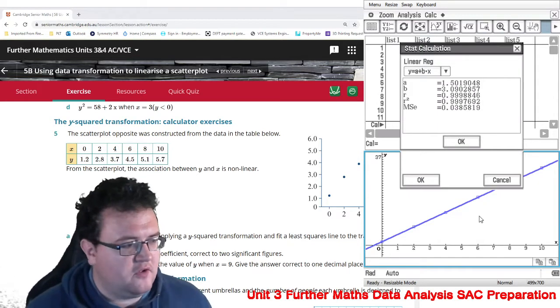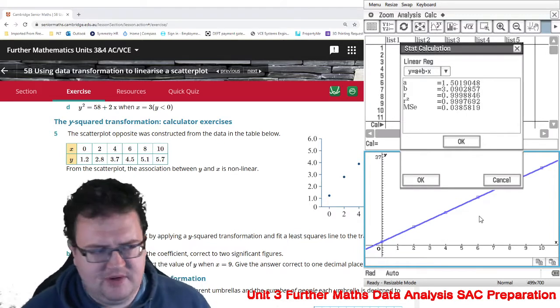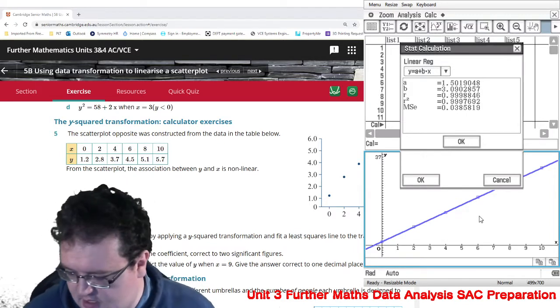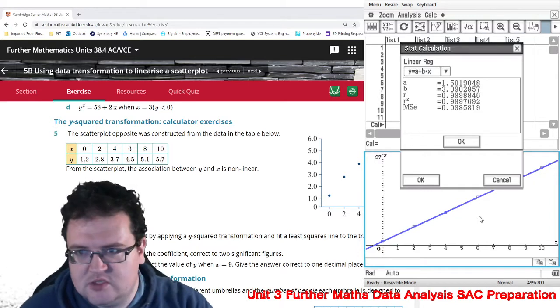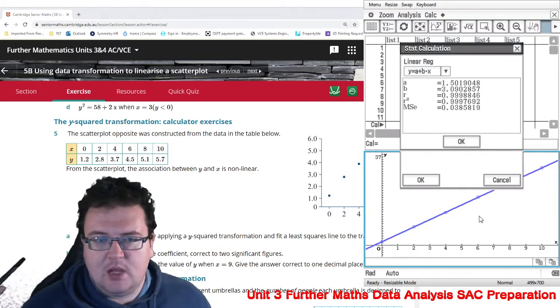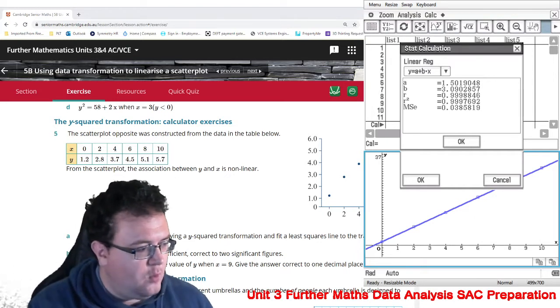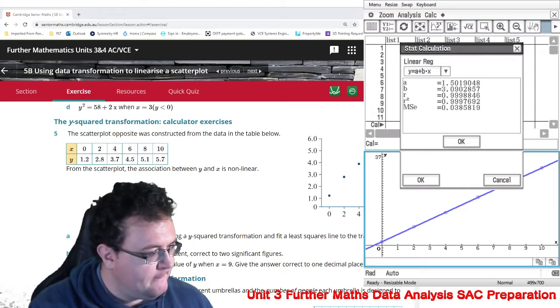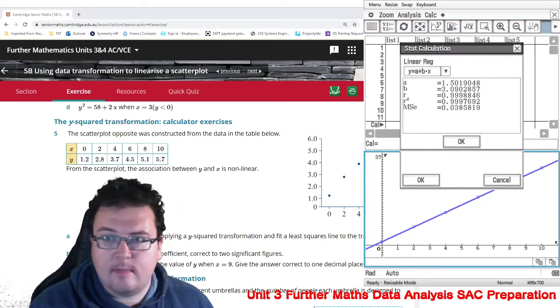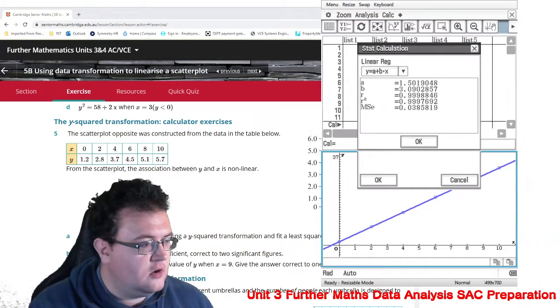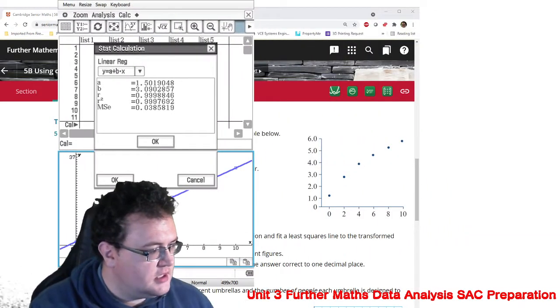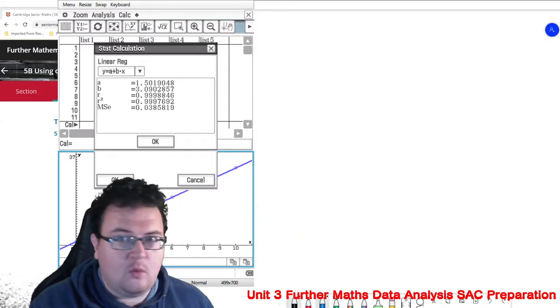I was just looking to see whether the fractions were causing some rounding or something, but it's clearly not. It's using as many decimal places as possible. So now that we have this, we will go back to our whiteboard. I'll bring up my whiteboard.